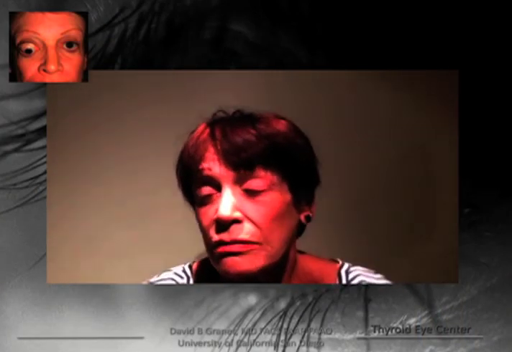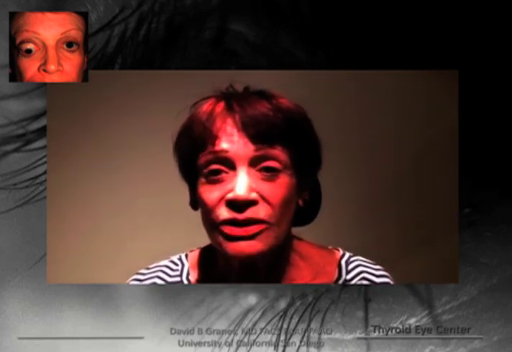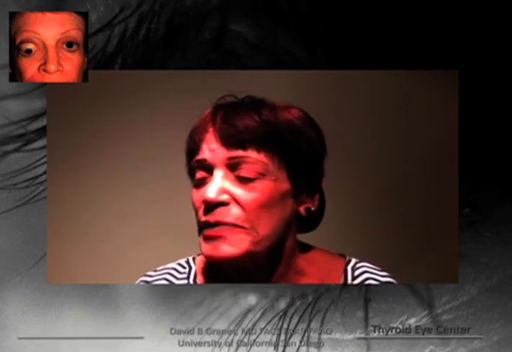Dramatically. I mean, I was a freak. People stared at me, and I couldn't stand to look in the mirror. And then I came to you within 7 months. I think we had it corrected, and people don't have any idea I had any problem.